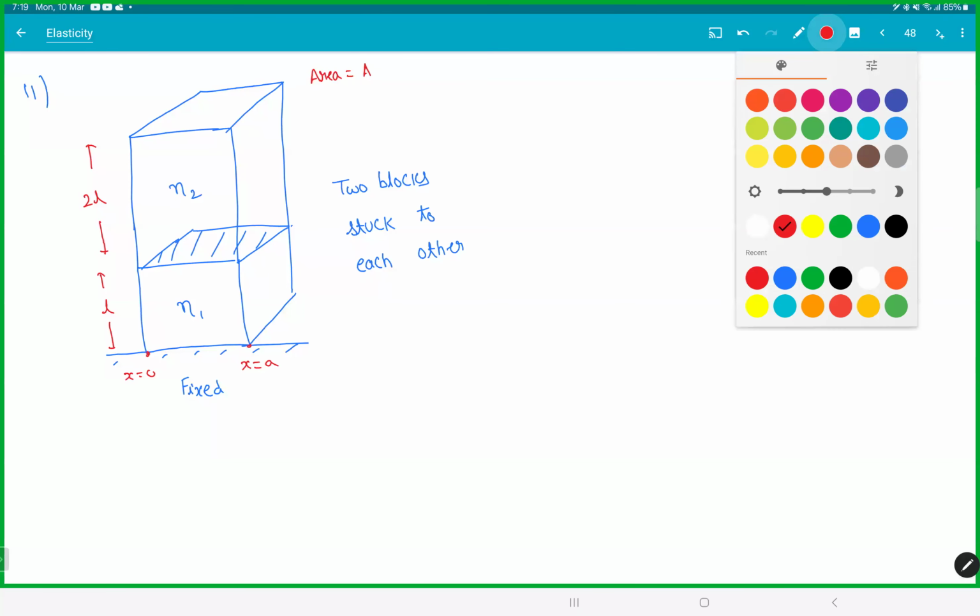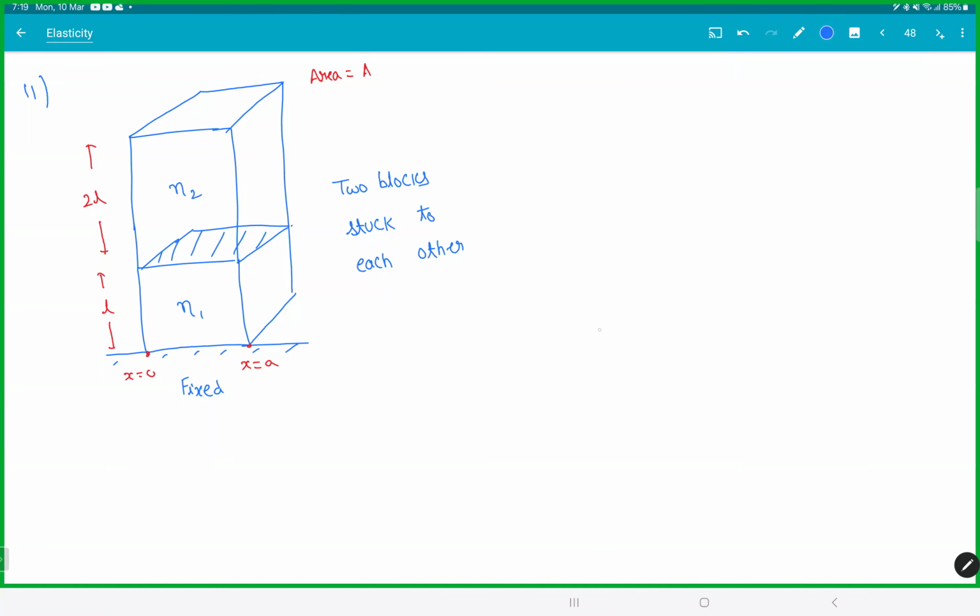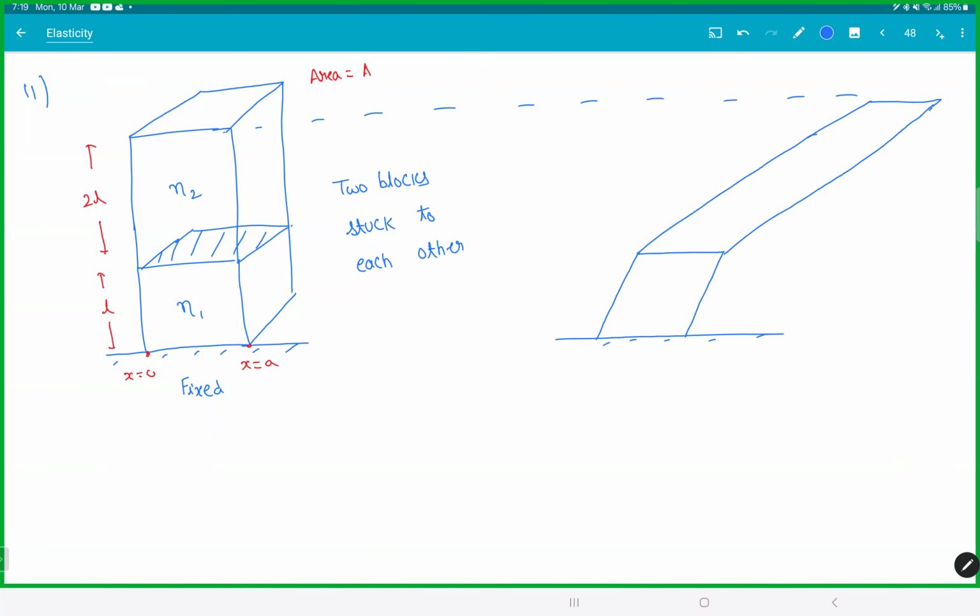Now what happened when you applied the force? These things got bent like this. The upper surface got bent much more compared to the lower one. The height is still the same, but this is how it became. So this was x is equal to 0.